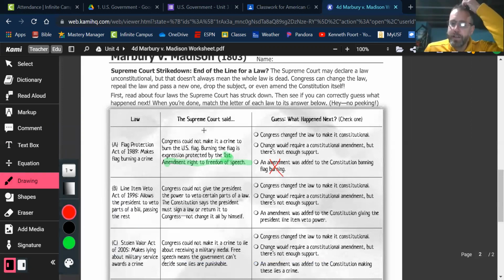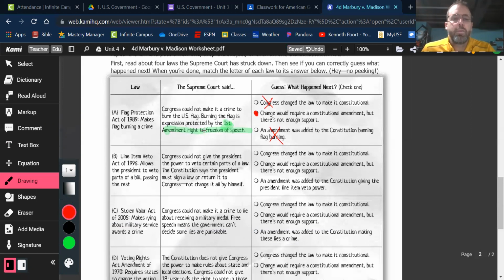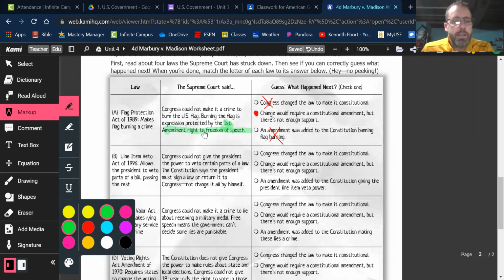We went through the amendments already. And we know that no law came about allowing flag burning, because I would have covered that. And so this is our last option: the change would have required an amendment, but there was not enough support. Okay. Next one, part B.